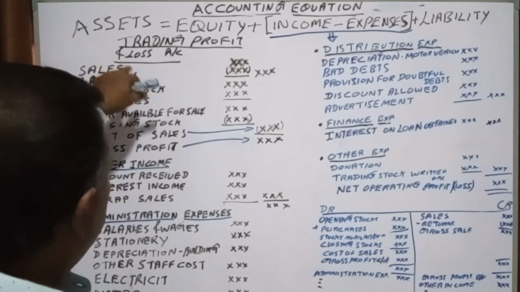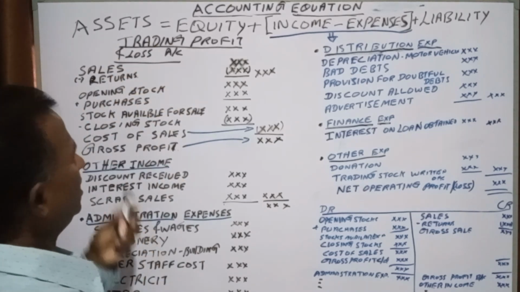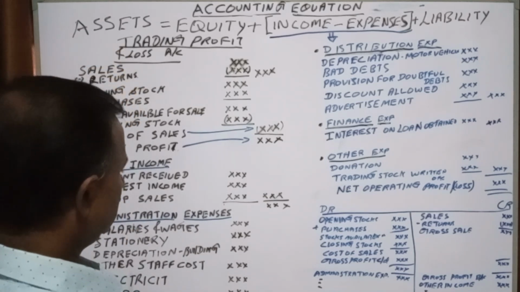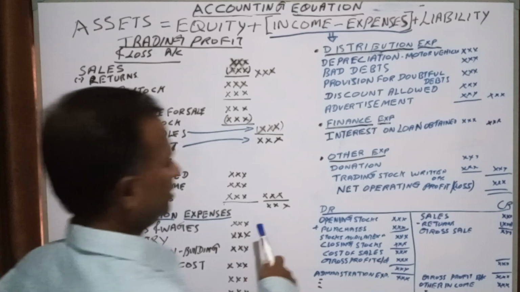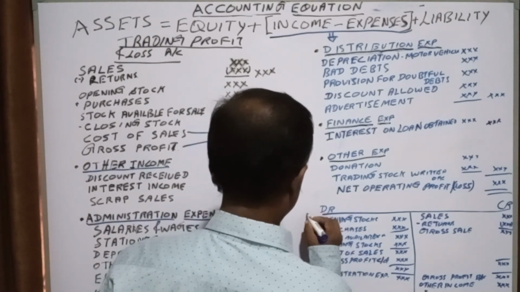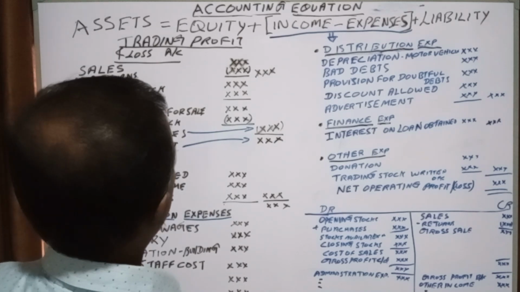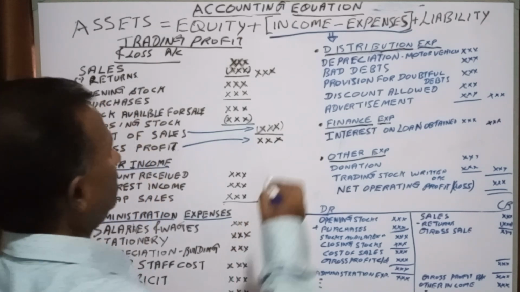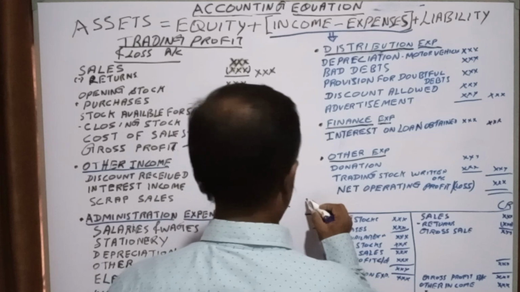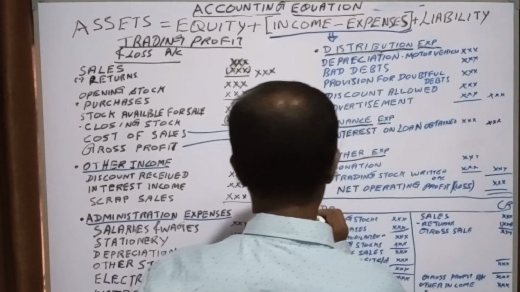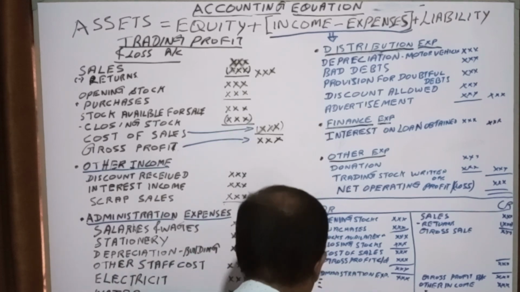So here I am presenting the trading and profit and loss account in vertical format and T format. This is the T format. This is the separate mode.